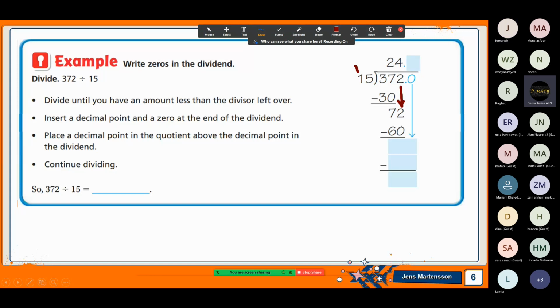Up to now, do you have any problem? No. Now 72 minus 60 equals 12. Now next, do you find there's a remainder? Do you find a number that is the divisor?